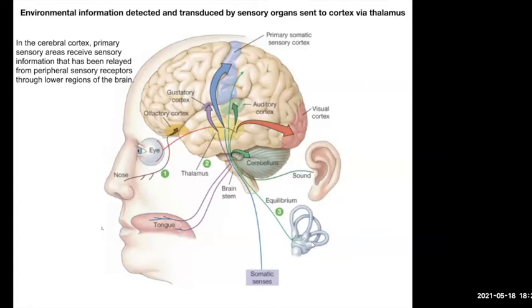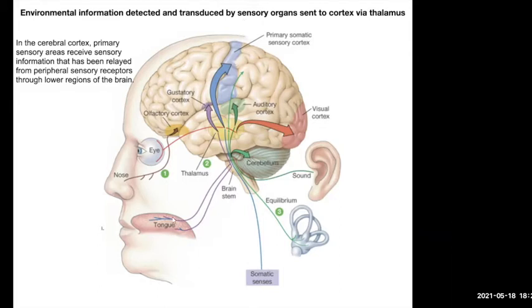And we said that sensory things were being transduced into electrical signals. It's going to be sent into the brainstem and then into the thalamus, and it's going to be routed to a particular part of the brain. Your visual information is coming in, it's going to be sent to a particular part of your brain, right? Somatic, that is your body information, is going to be sent to a particular part of your brain.